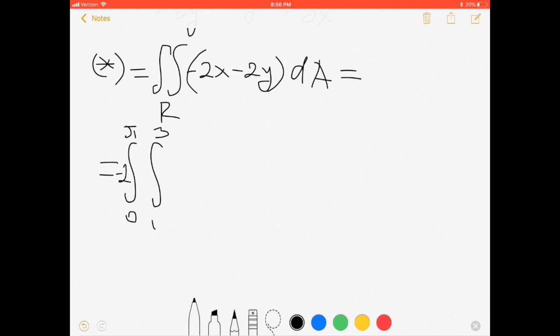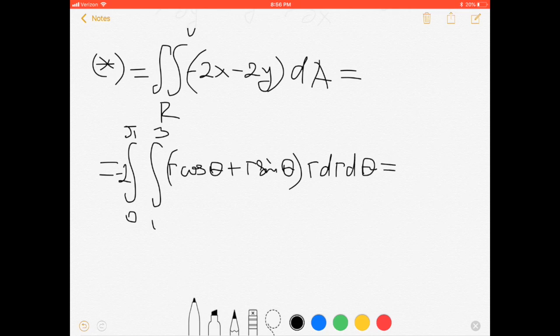x will be r cosine theta, y will be r sine theta, but because I moved to new variables, we remember our Jacobian for this situation is r dr d theta.